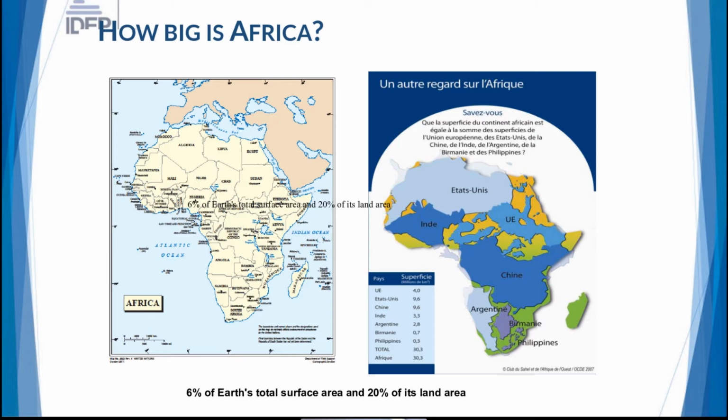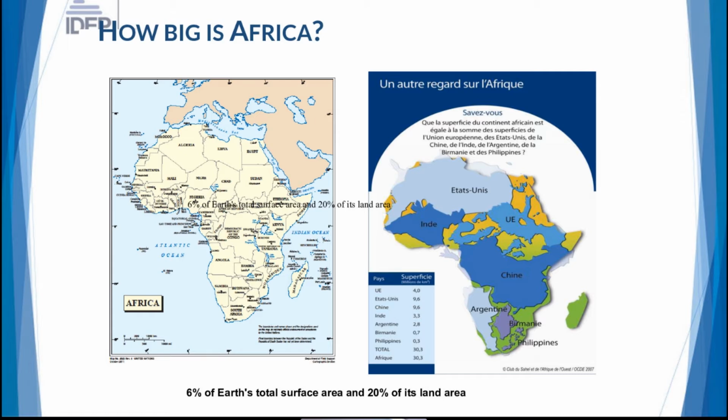It is important to understand that Africa is one of the biggest, if not the biggest, continent in the world. Look at this map. On the left side, you have the usual map we can see with different countries.